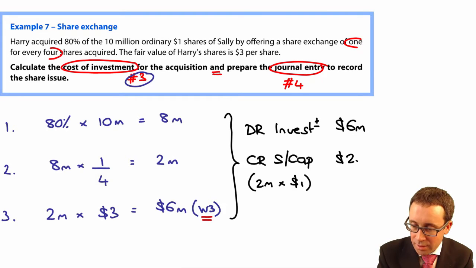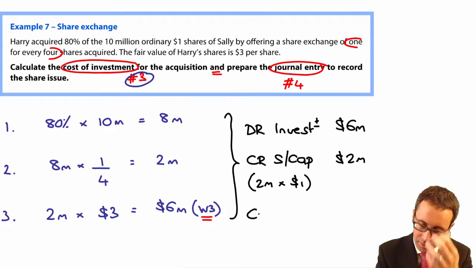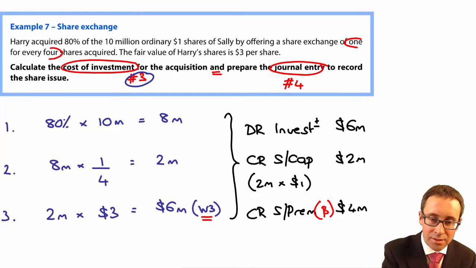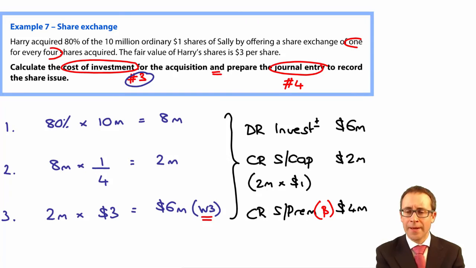So that gives me 2 million, and the credit there to the share premium is just a balancing figure. That's 4 million. If you like, it's 2 million multiplied by the difference between the fair value of $3 and the par value of 1, which is 2. Okay, 2 million times 2 is the 4 million.